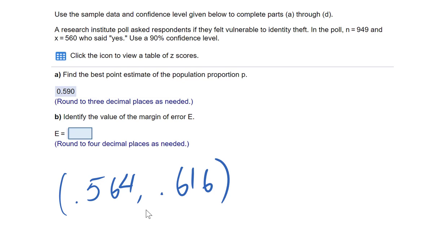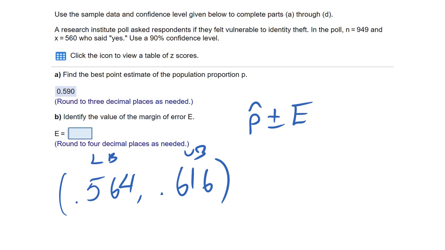Now, recall from an earlier lesson, if we want to convert this into plus-minus notation, the plus-minus is p hat plus or minus my error. That's kind of what they're trying to get you to do, except our technology does not spit out the plus-minus. It gives us this interval notation, or just an upper bound. Here's my lower bound at 0.564 and the upper bound 0.616.